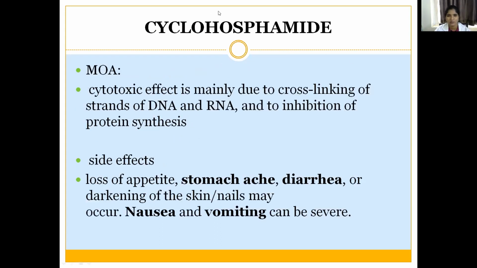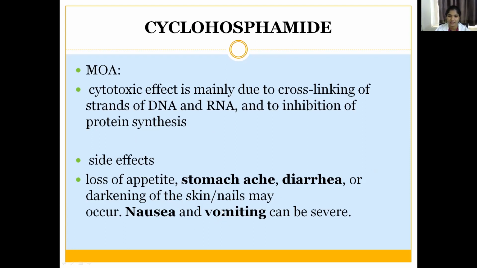What is the mechanism of cyclophosphamide? Its cytotoxic effect is mainly due to cross-linking of strands of DNA and RNA and inhibition of protein synthesis. So what are the side effects? It causes loss of appetite, stomach ache, diarrhea, and darkening of the skin and nails, and also nausea and vomiting.